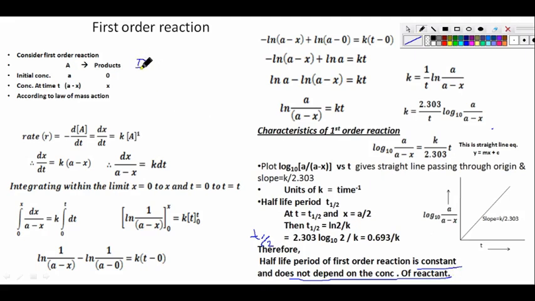Now examples of first order reactions. First, all radioactive disintegrations follow first order kinetics. And this half-life is useful in determining the age of a wooden sample, because natural wood has the radioactive carbon 14 isotope, and it has a half-life of around 5700 years.